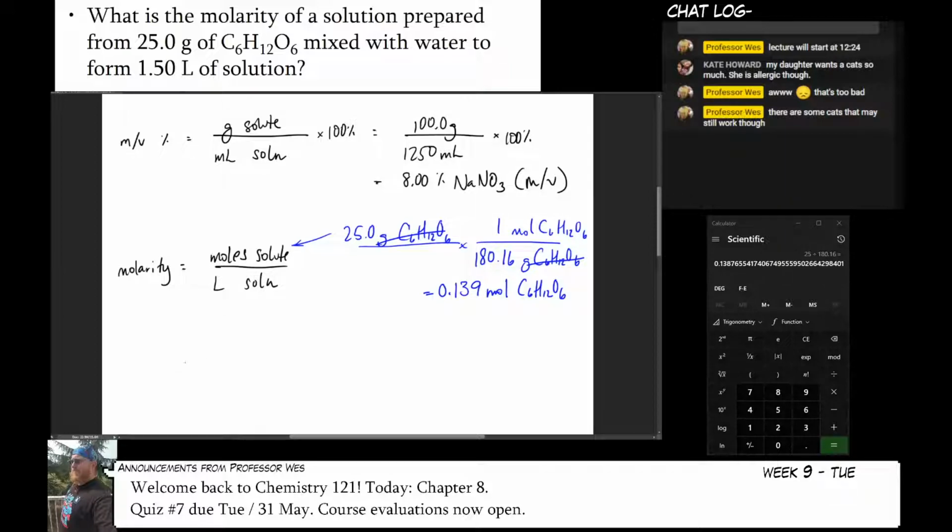And I can divide by the liters of the solution. So I'll just write that in. So 0.139 moles of glucose divided by the volume of the solution. And so we just go like this.